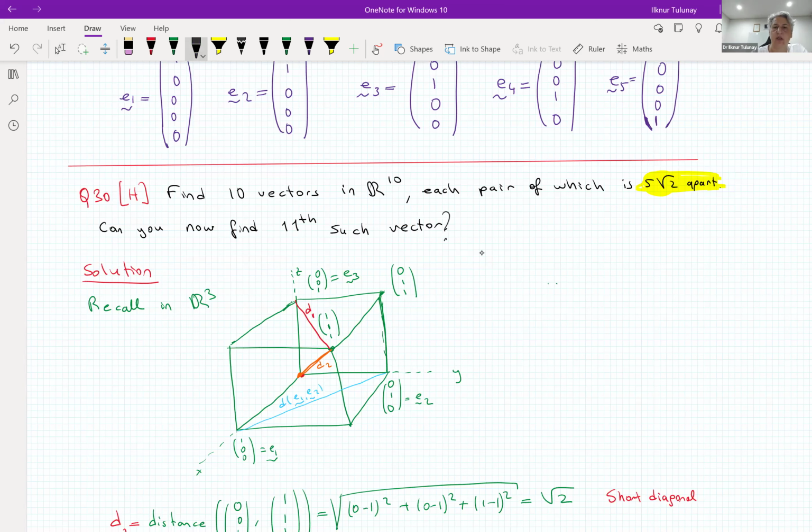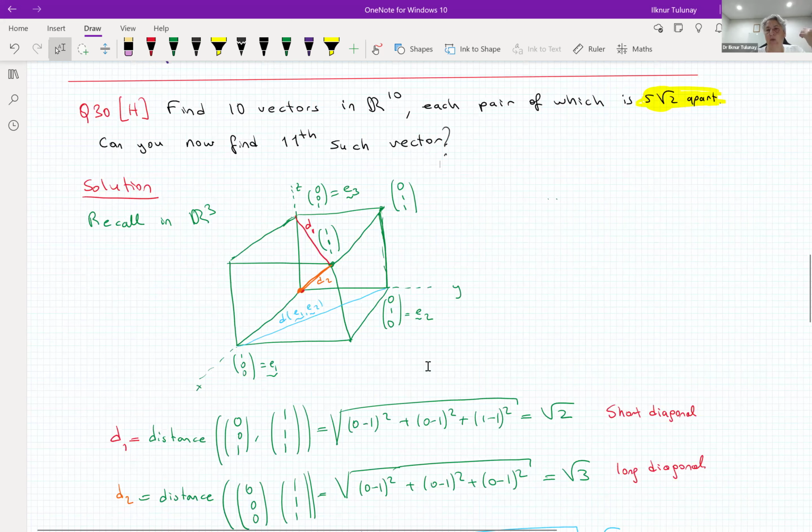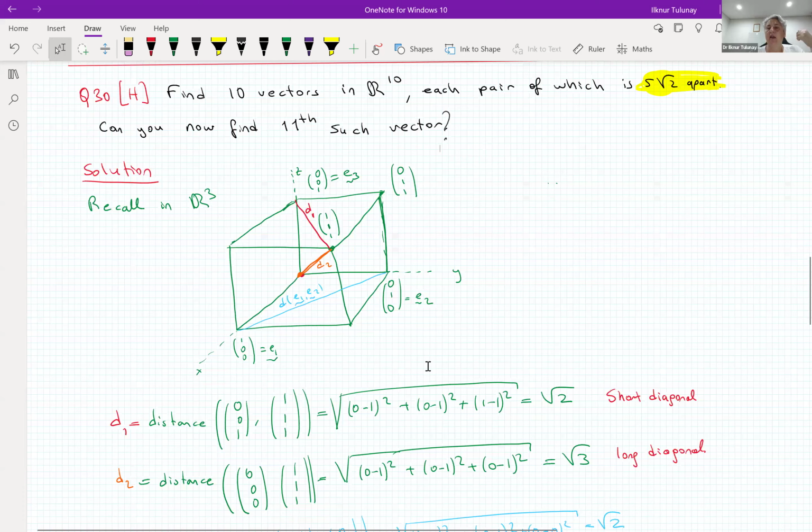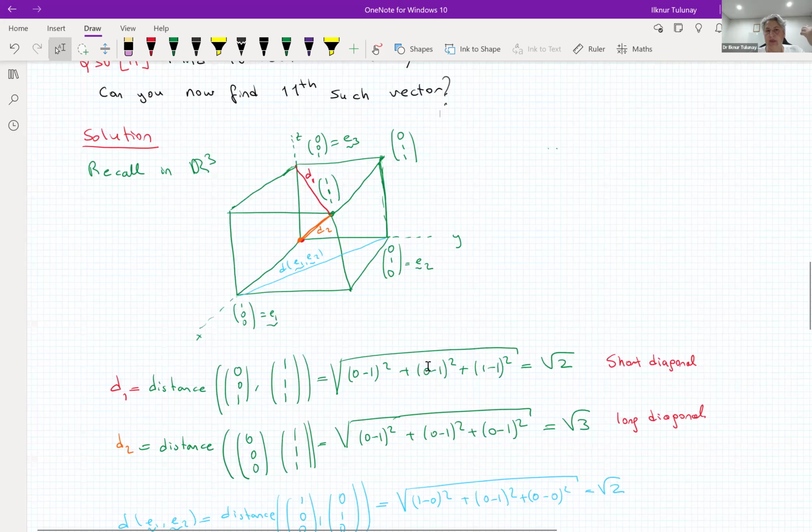So we want a question mark here. This question is related to the one before. In order to be able to do these calculations, we need to understand the unit cube in R3. This is knowledge and experience that we need to have in order to solve this question.